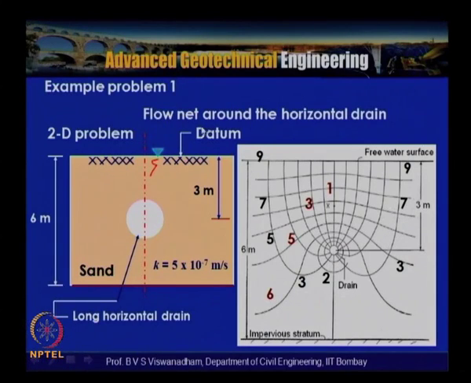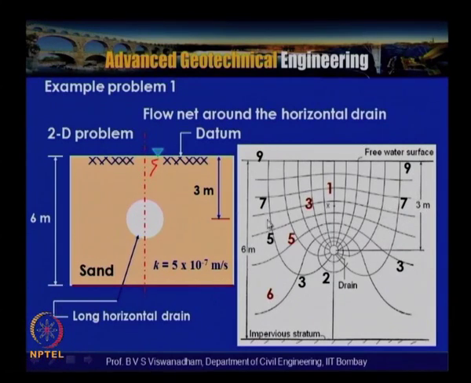So, we need to construct the flow net around the horizontal drain, and at a certain point above the center line of the pipe, we need to determine the pore water pressure and also the velocity. Once you know the void ratio, you can also determine the seepage velocity.